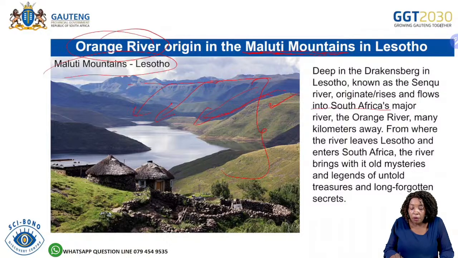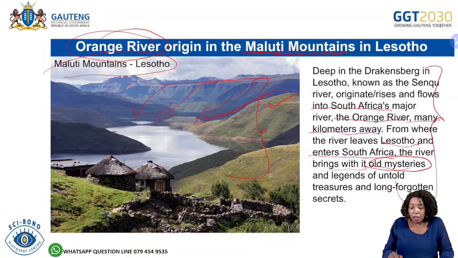Okay, so deep in the Drakensberg in Lesotho, the Senqu River originates, or rises, and flows into South Africa's major river, which is the Orange River. It runs for many kilometers from where the river leaves Lesotho and enters South Africa. The river brings with it old mysteries and legends, untold treasures and long forgotten secrets.